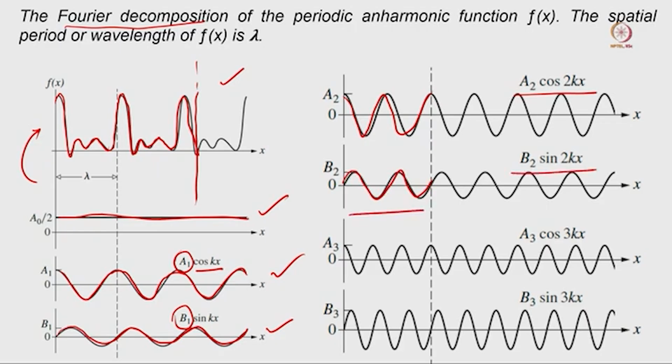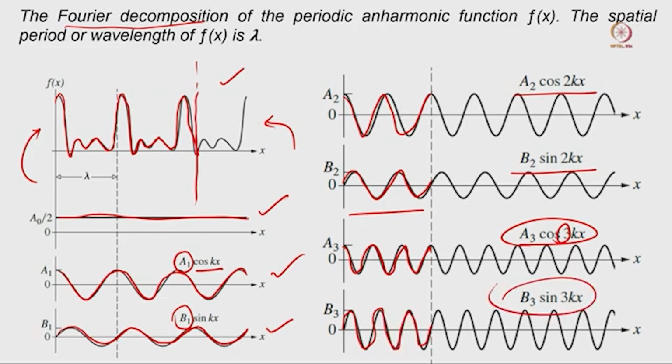Then we add these 5 waves and can probably get this kind of complicated periodic function. If I have more choices, I can select this wave, which oscillates 3 times, and again this one also oscillates 3 times, and we select this one.